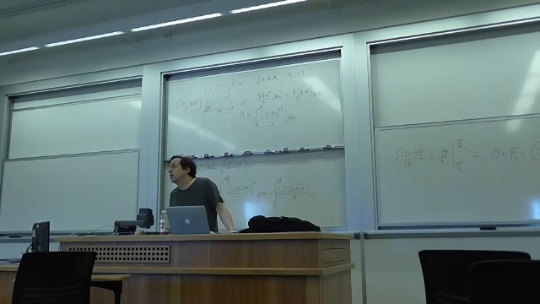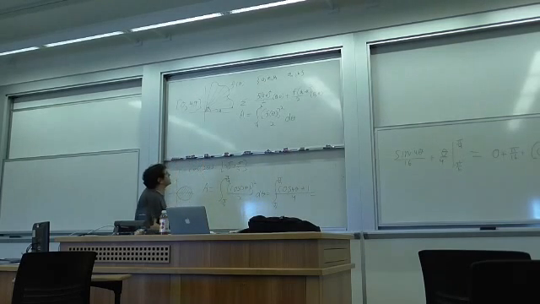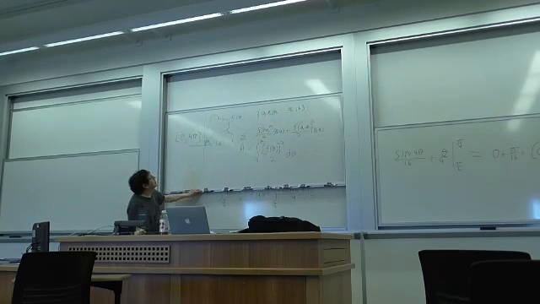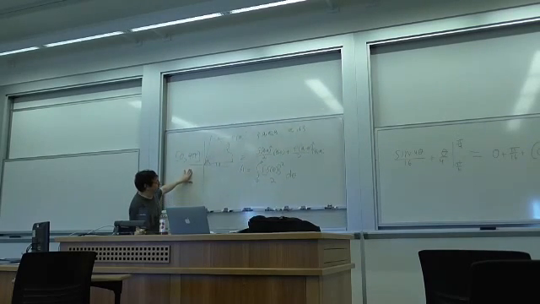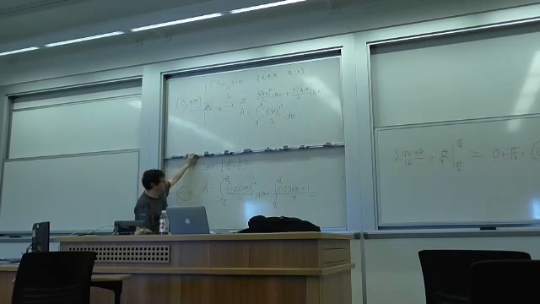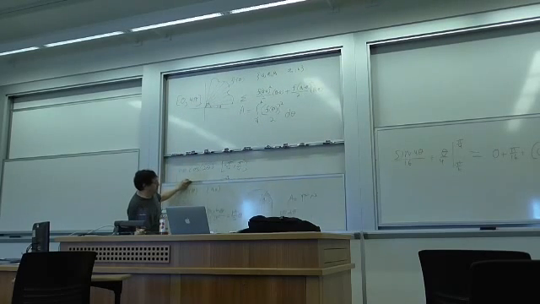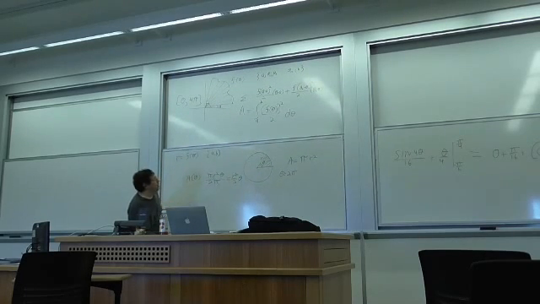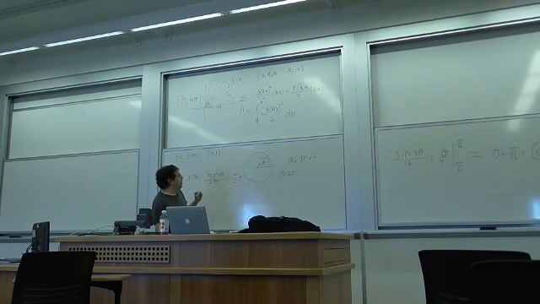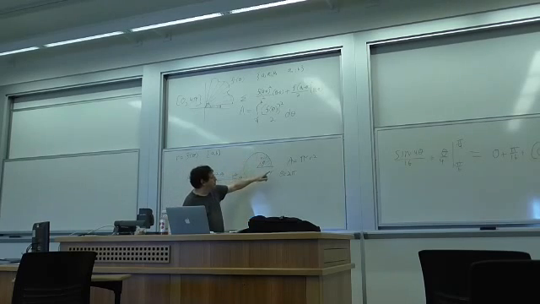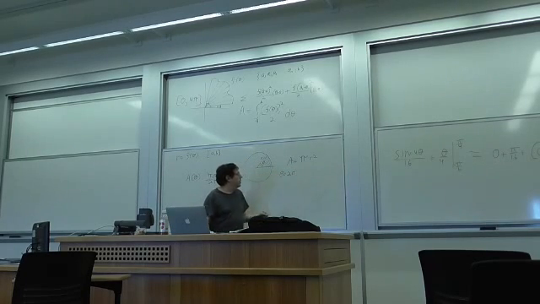Yes? Why do you square it and divide it by 2 again? Okay. It goes back to what is the area of the sector, right? So we know the area of the whole circle is pi r squared.